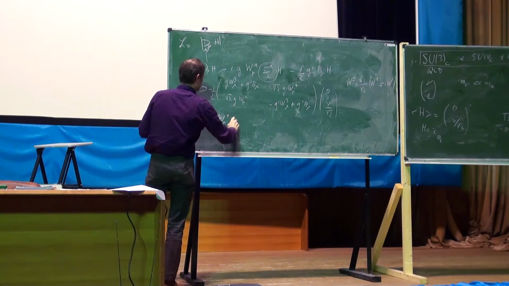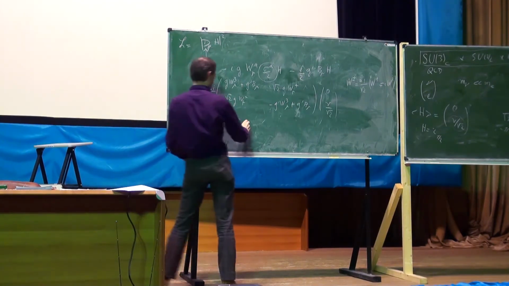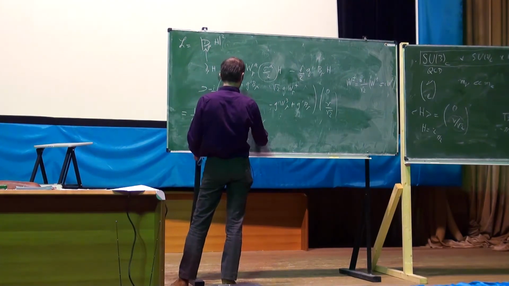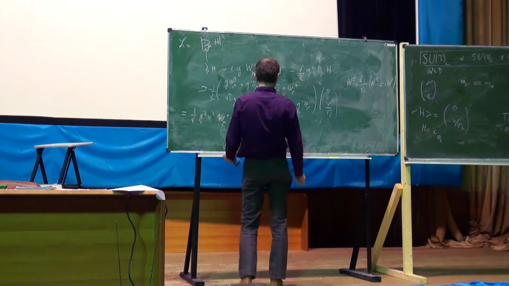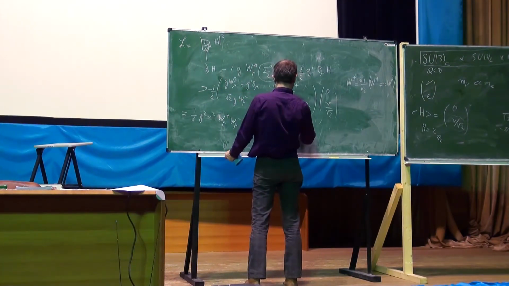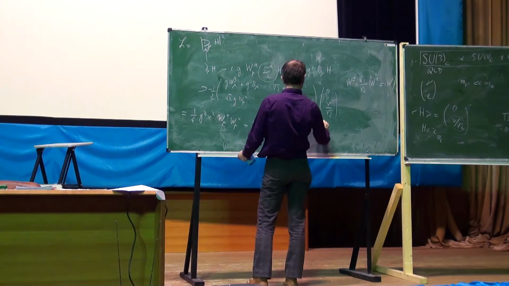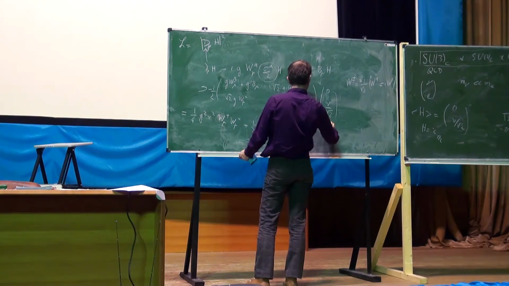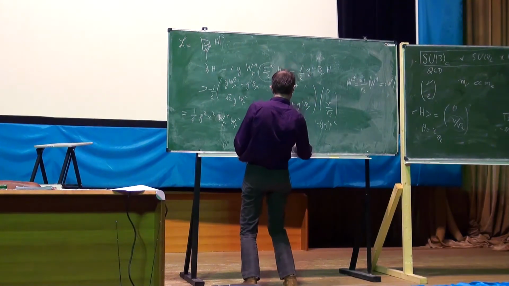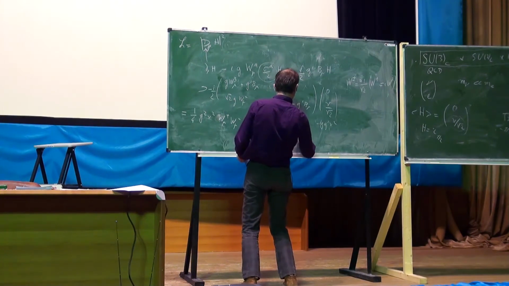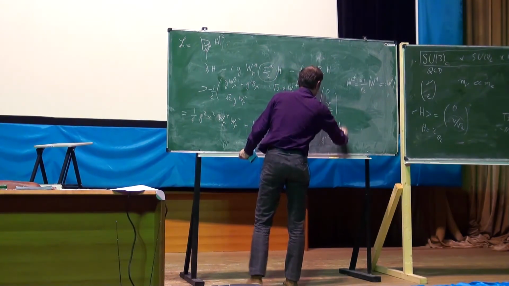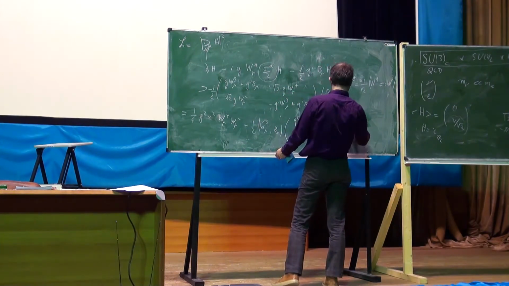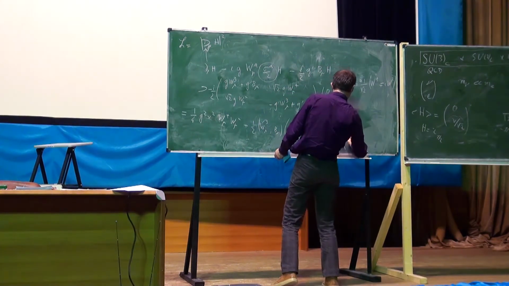W mu plus W mu minus, plus 1/2 times W3 mu, B mu, times the matrix with entries g squared v squared, minus g g prime v squared, minus g g prime v squared, g prime squared v squared, times W3 mu, B mu.